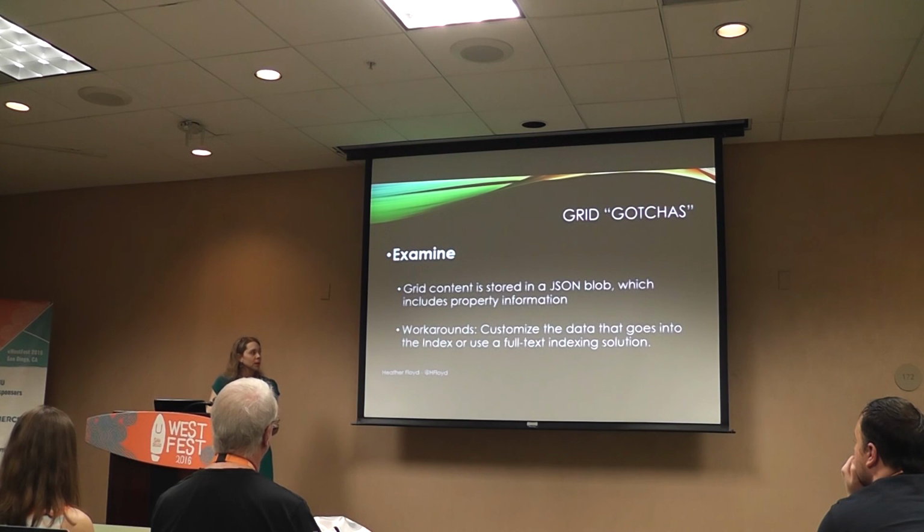Or you could use a full text indexing solution for your site. There is one built in for Examine, it's a package. Or if you're using something like Google Custom Search, that's only indexing the rendered pages, then obviously this isn't a problem for you. This is if you're doing Examine where it's actually indexing the data of the document types themselves.